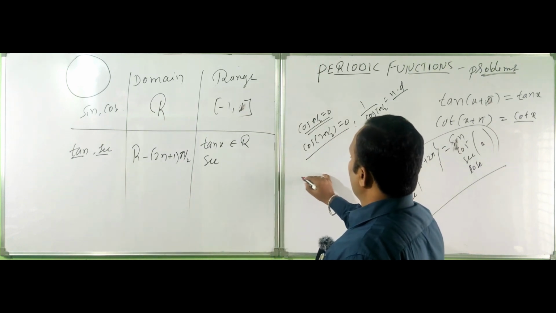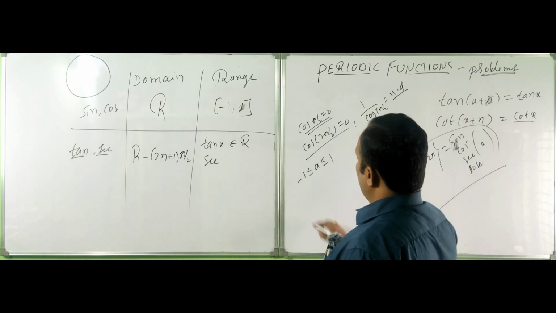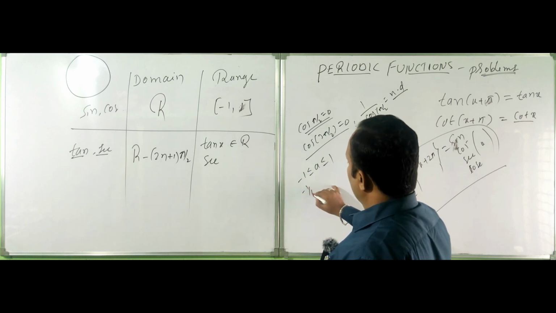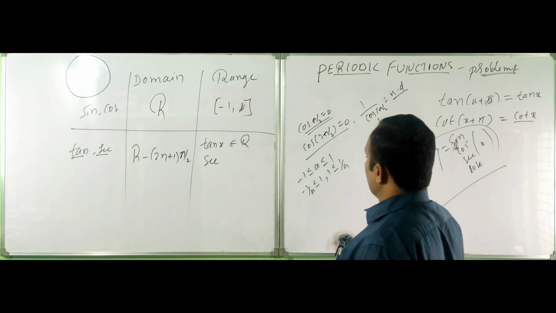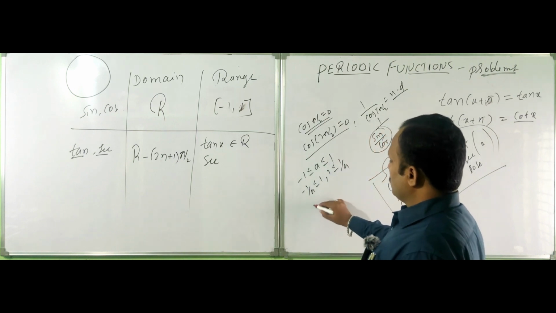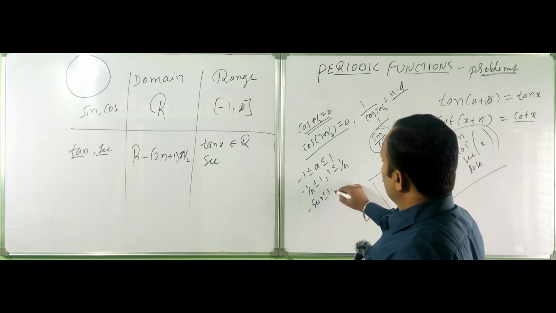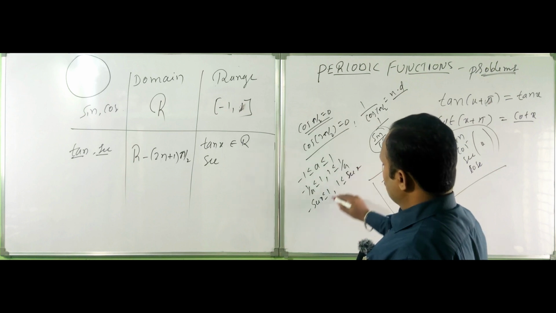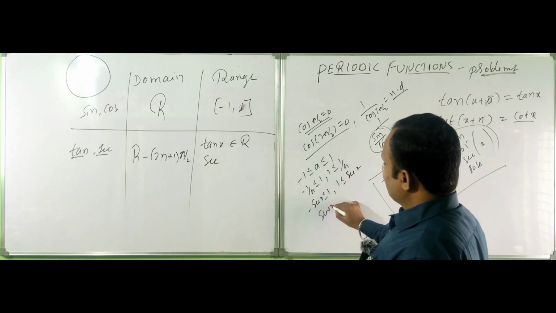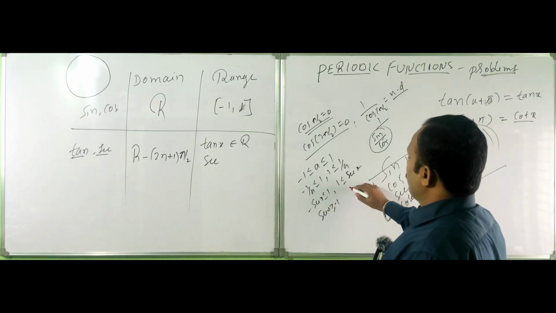We know -1 is less than or equal to a, which is less than or equal to 1, so -1 by a is less than or equal to 1, and 1 is less than or equal to 1 by a. So sec x is less than or equal to -1 or 1 is less than or equal to sec x. Changing sides changes the values.